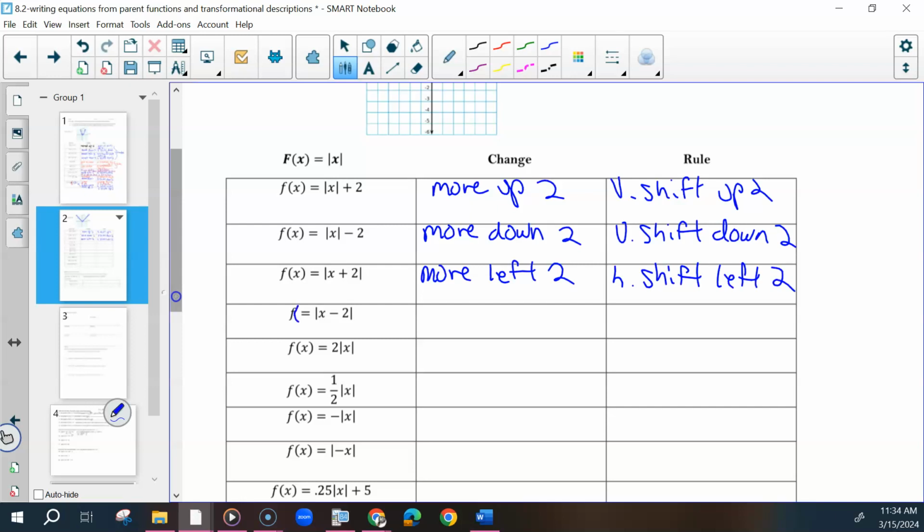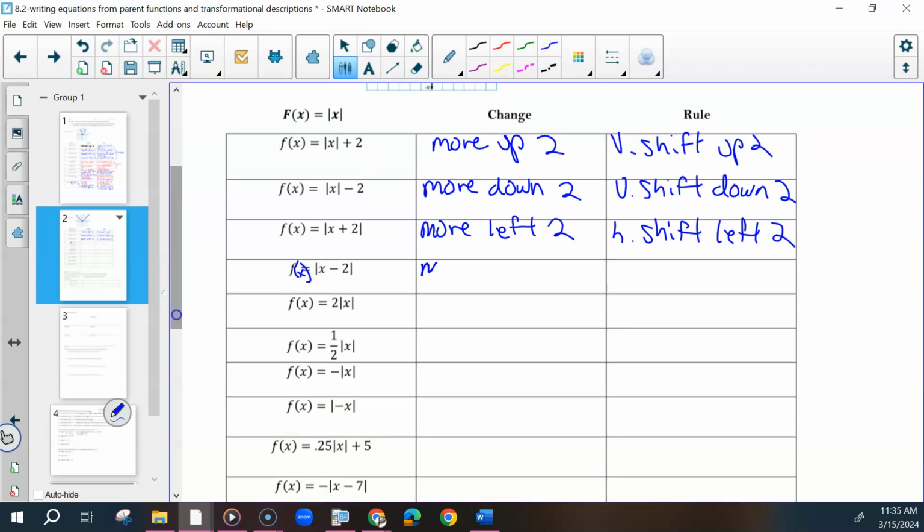Inside the absolute value, x minus 2. We move to the right 2. And that rule, horizontal shift right 2.